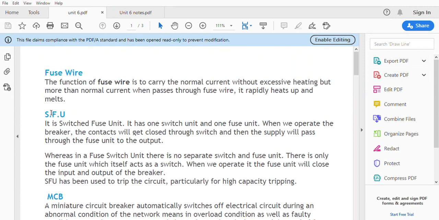Suppose a switched fuse unit, it has a switch and also a fuse unit, so it will sometimes control, and it can also blow the fuse to the output if the current is more. So you can read about this.